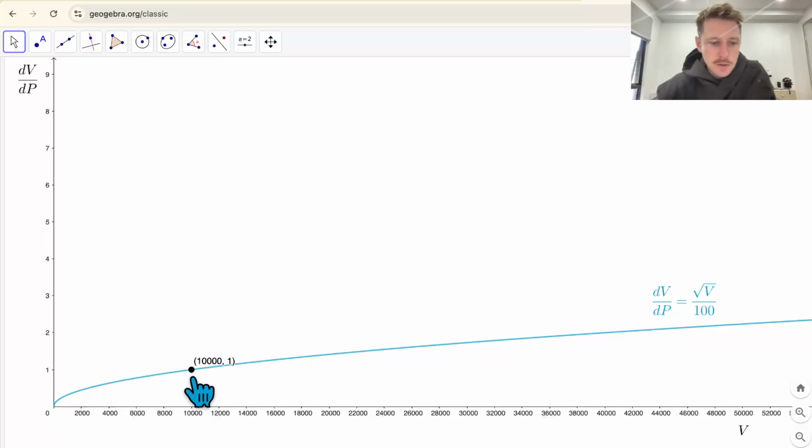What this number is saying, and I encourage you to think about it, is that when the volume of gasoline flowing through the pipe is 10,000 litres, the change in volume divided by the change in pressure is 1.